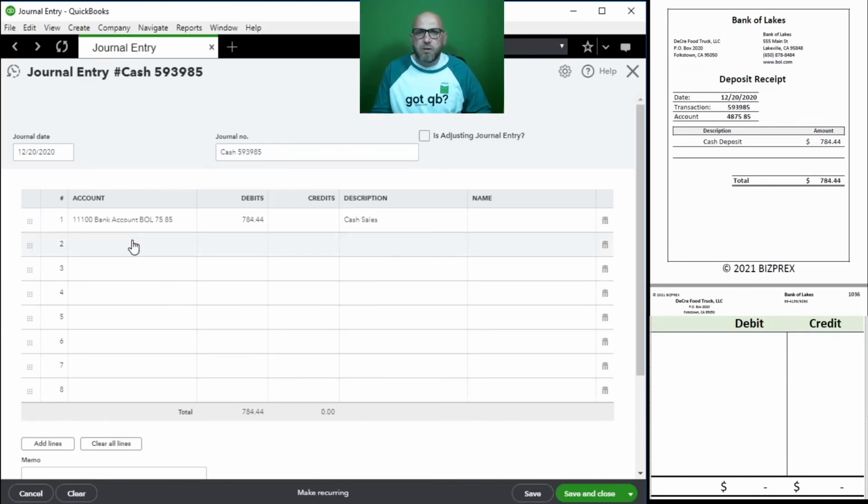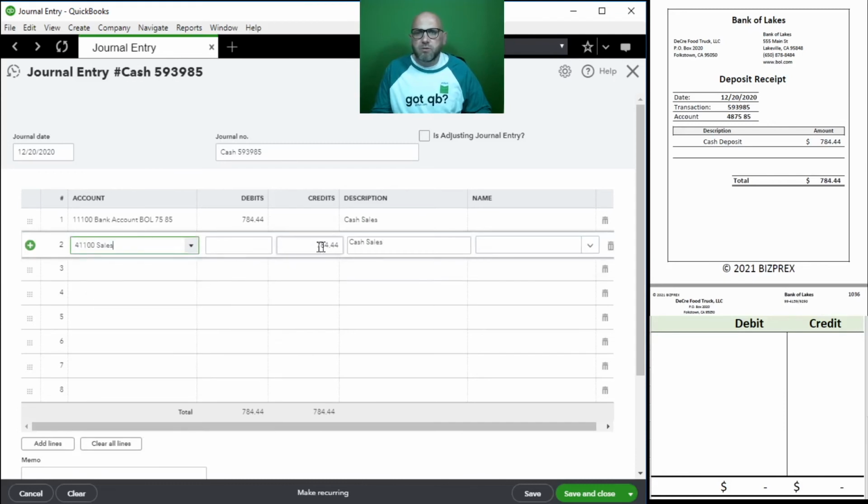Comes from cash sales, and then our sales go up as well. Here we are, right? Again, just to demonstrate, bank account asset, assets go up when debited. Sales account / revenue account, because that's the source of the money, go up when credited.